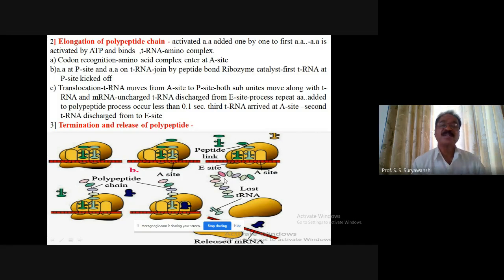And in this way, the total process of protein synthesis is over. It is very interesting that this process takes place in a very short time.